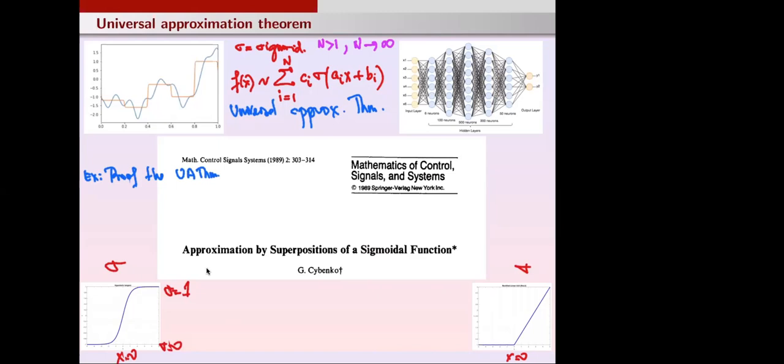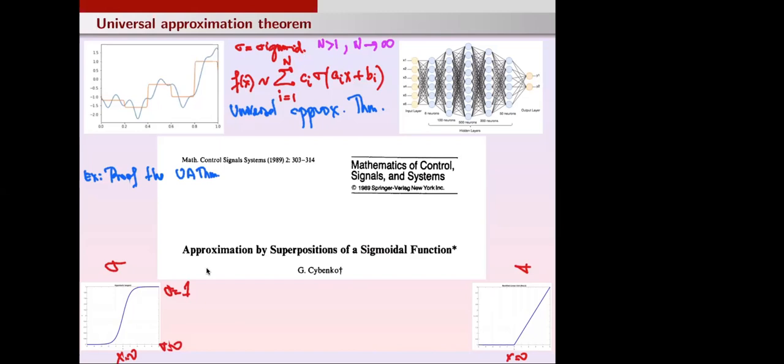He said, oh, let me see. I have to prove that the class of functions of this form, which can be generated by taking capital N arbitrary, and the coefficients A, B, and C also arbitrary on the real line, I have to show that this class of functions is dense. How do I do it?